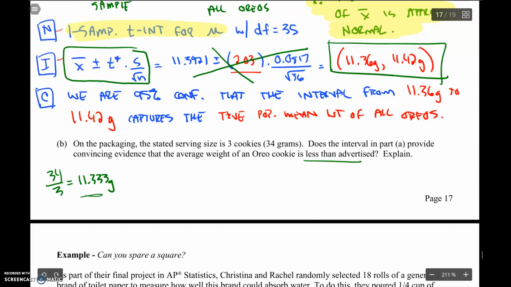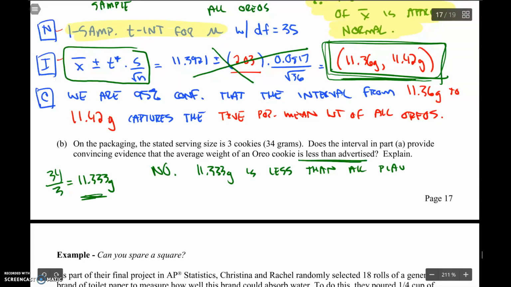So I do have convincing evidence that the average is not 11.333, but I have evidence that it's actually over the claimed weight. So does this provide evidence that it's underweight? No. 11.333 grams is less than all plausible values in the interval.